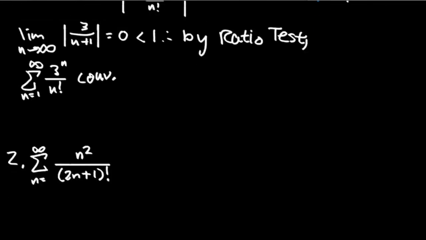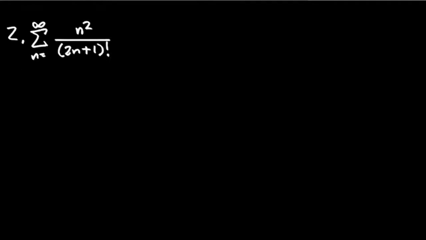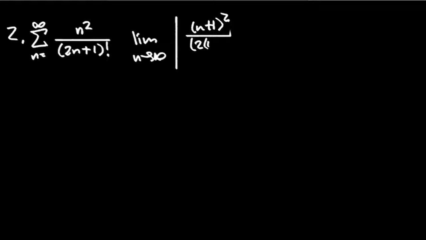All right, next one. Let's try this, see how that goes. All right. Let's try that same thing. The limit as n approaches infinity of... Okay, so n plus 1 is going to give us... Let's see, so that's n plus 1 squared, all divided by 2. Okay, so be careful with this.